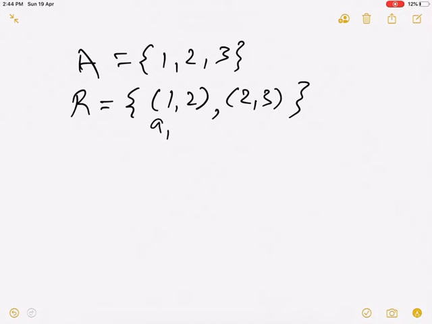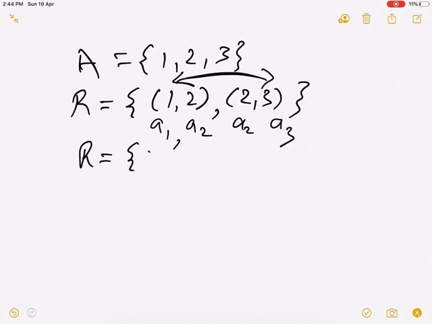Because we see here a1 a2, this is a2 a3, but here a1 comma a3 is not belonging to the relation. A1 comma a3 means 1 comma 3. If 1 comma 3 is not belonging to this relation, then this relation is not transitive. For this relation to be transitive, we should have 1 comma 2, we should have 2 comma 3, and we should also have 1 comma 3 belonging to the relation. Then only this relation R will be transitive.